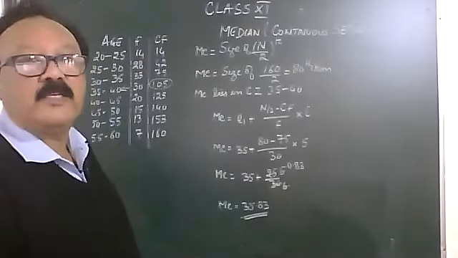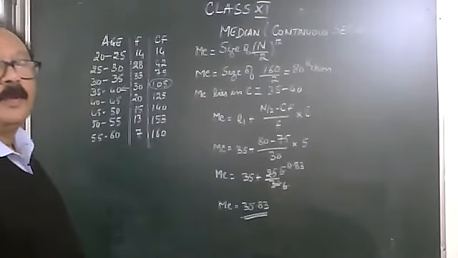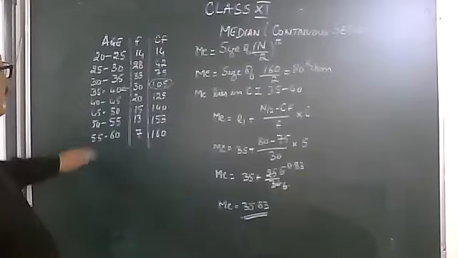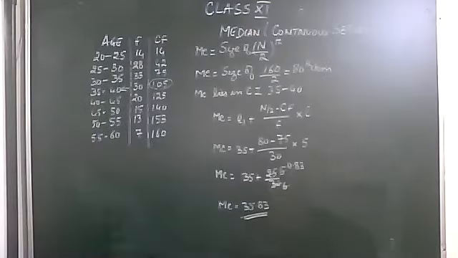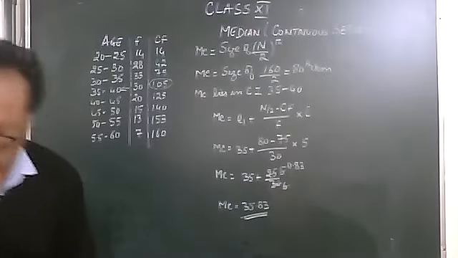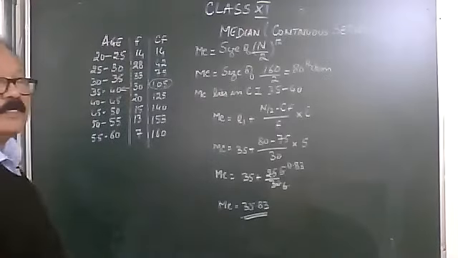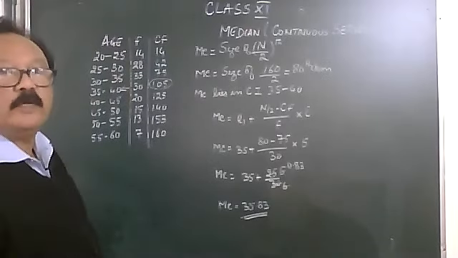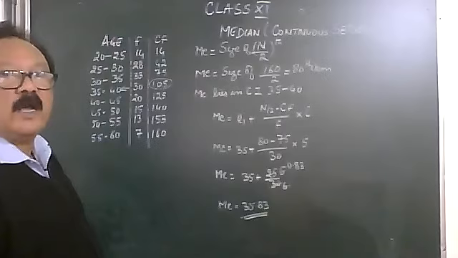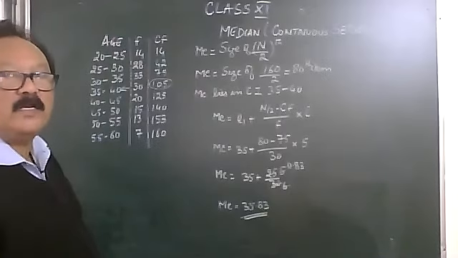Once again, let me explain it to you. The question says, calculate the median from the following data. The data is given in the form of ages and frequencies. The first thing that we do is, the frequencies are cumulated, added.